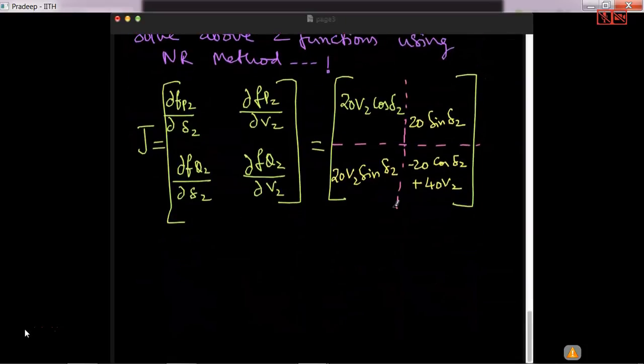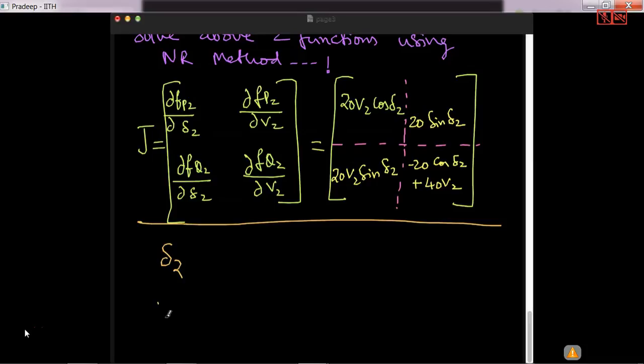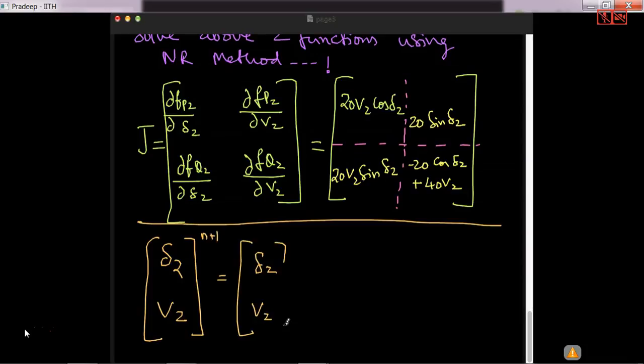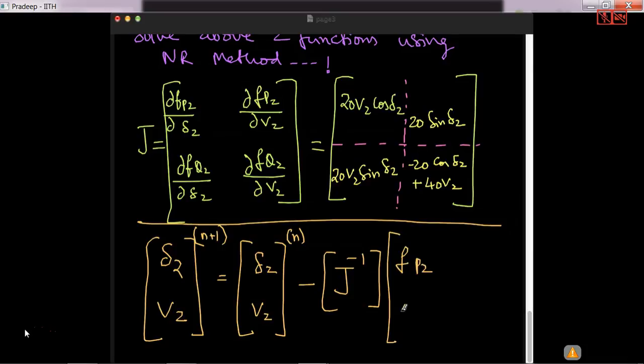Now what is the Newton-Raphson load flow? I'll finally write the NR method. [delta 2, V2] at iteration n plus 1 equals [delta 2, V2] at iteration n, minus Jacobian inverse multiplied by [f of P2, f of Q2].